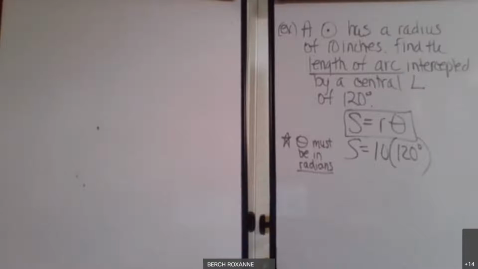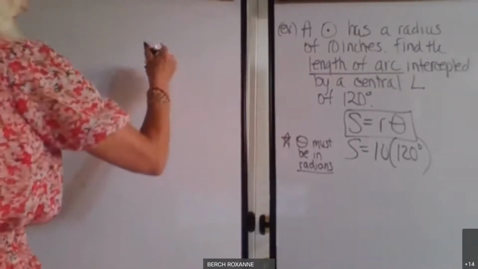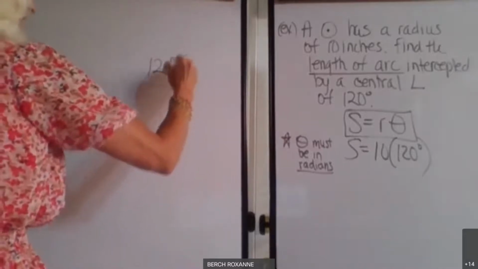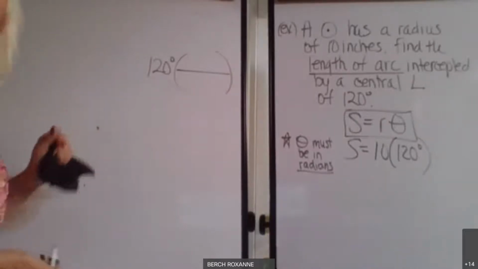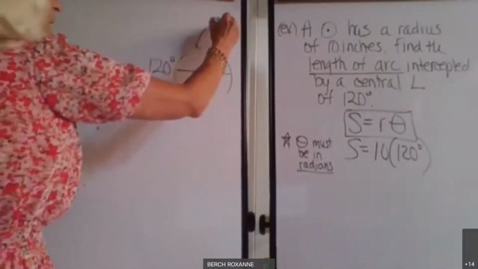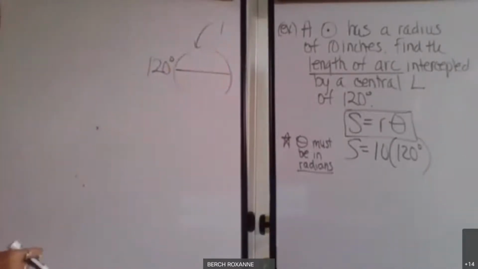We have to convert. So off to the side of the paper, we need to take 120 degrees and convert it to radians. So remember that this fraction has to equal 1 so we don't mess up the problem.